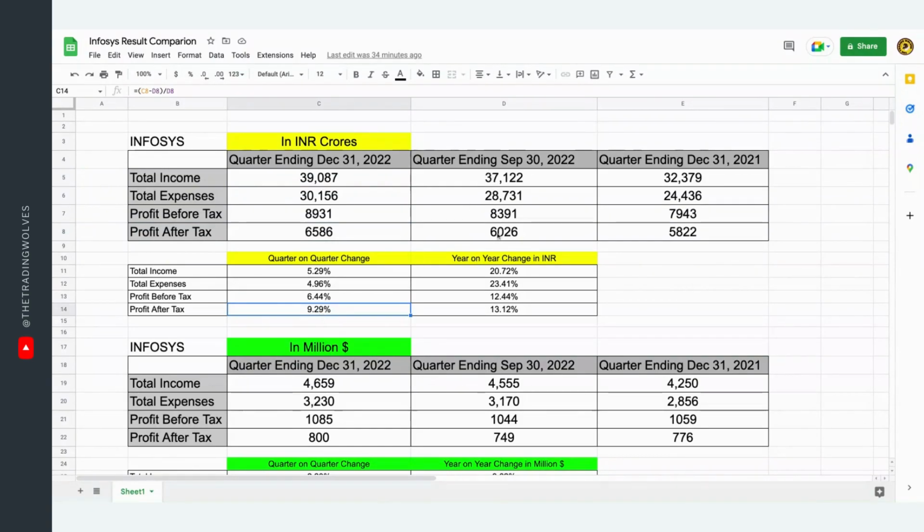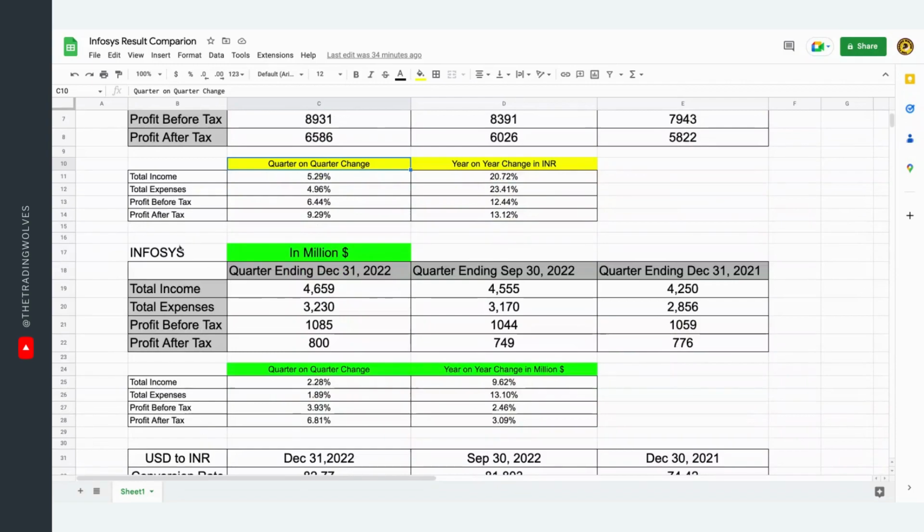Similarly, if I look at the year on year changes, the total income has grown by 20.72%. However, the profit after tax has had a growth of 13.12%, which looks really great. Infosys has done really well year on year and quarter on quarter if we look at the revenue and the profit they have been able to generate in Indian rupees.